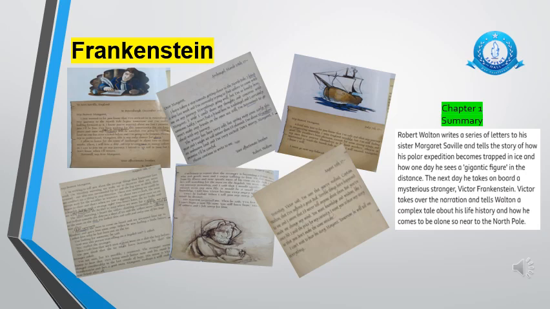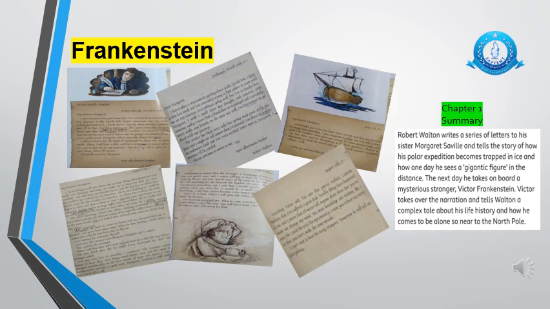So in the first chapter, Robert Walton will meet the main character of this story, Victor Frankenstein. Victor takes over the narration and tells Walton a complex tale about his life history and how he comes to be alone so near to the North Pole.